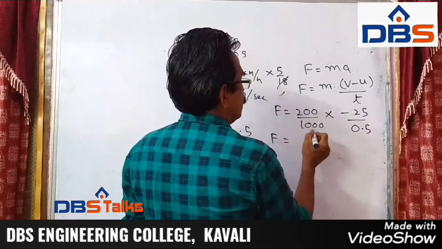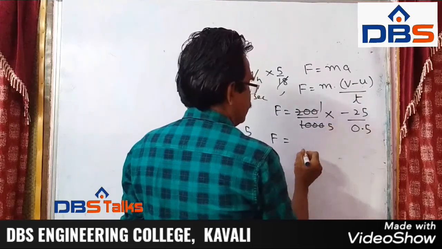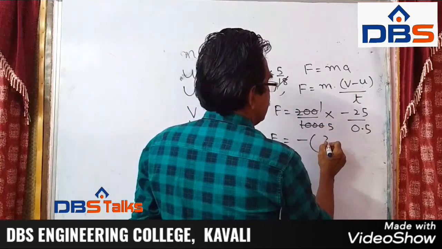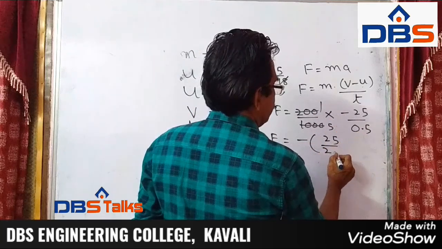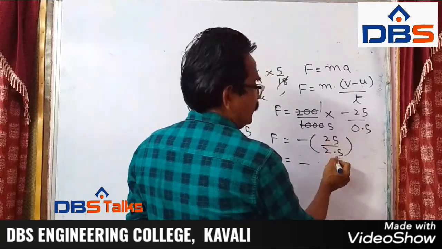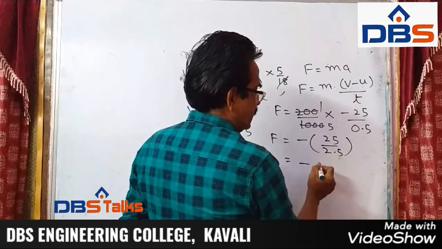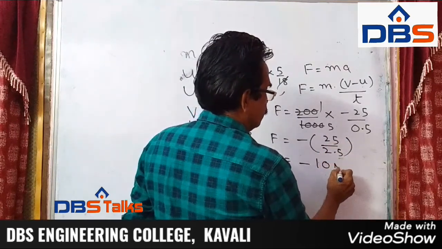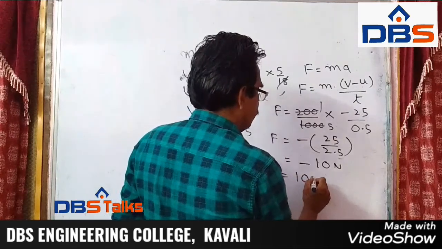So F is equal to 200 by 1000 into minus 25 by 0.5. 25 by 0.5 means 50, times 0.2 is 10 newtons. So F is equal to 10 newtons force.